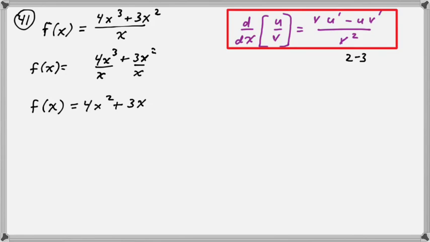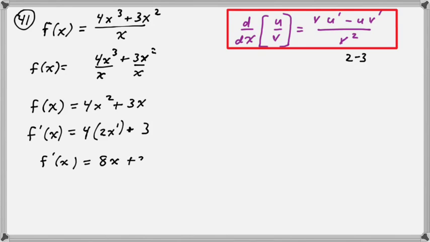That's the function. So basically I took a quotient and turned it into a non-quotient. Now I should be able to find the derivative. You're going to do power base 1 less power. The derivative of 3x is 3. So the answer that we're looking for is 8x plus 3.